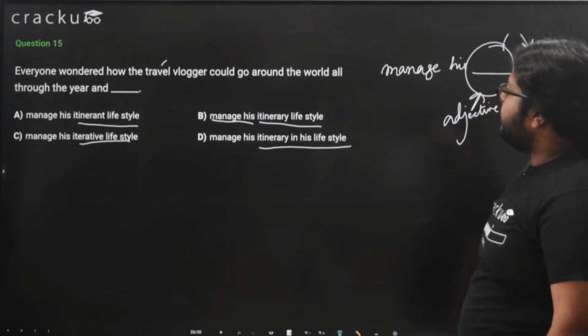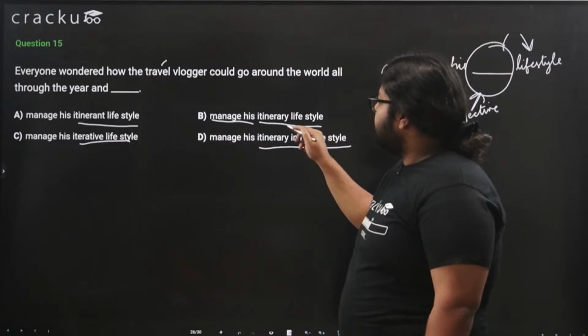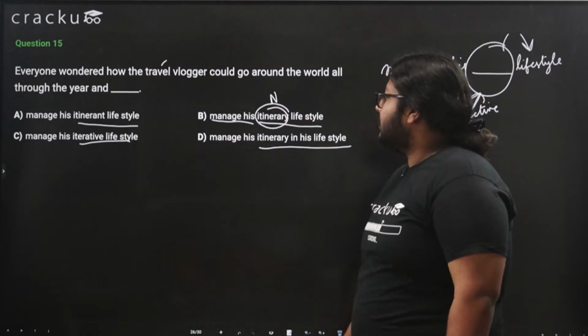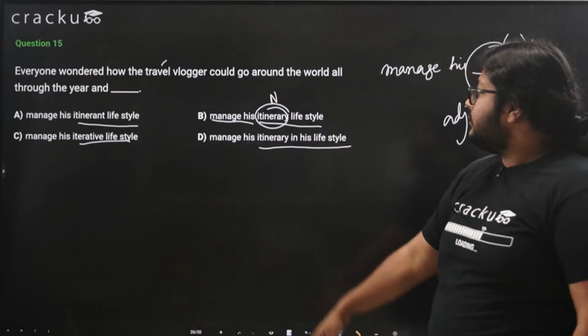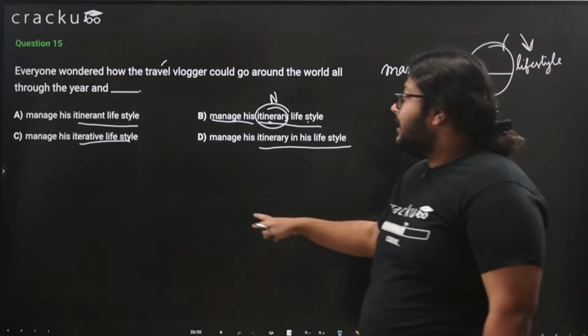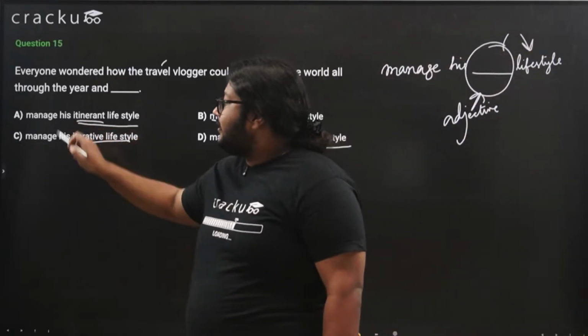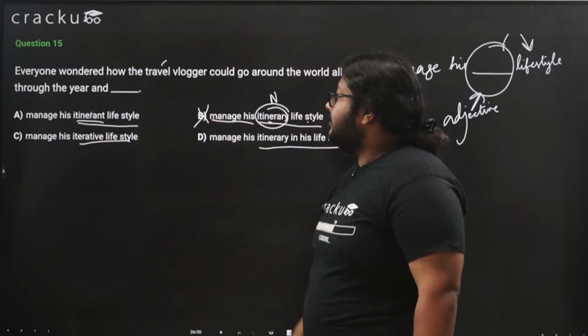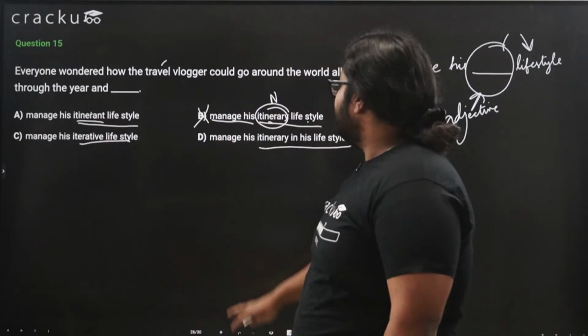In this sentence, itinerary lifestyle, itinerary is a noun. So itinerary lifestyle makes no sense. It should be itinerant lifestyle. This is an adjective. So B is rejected. A is still in the running.